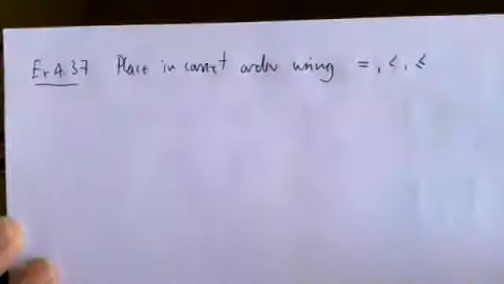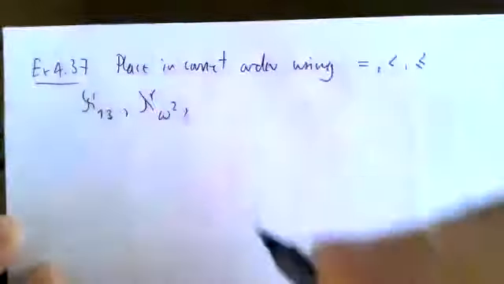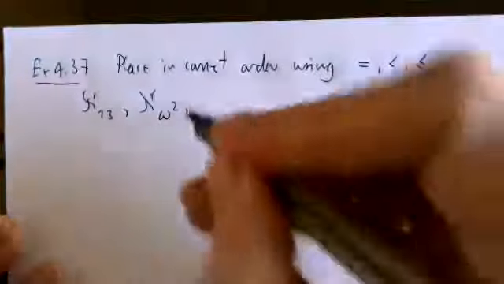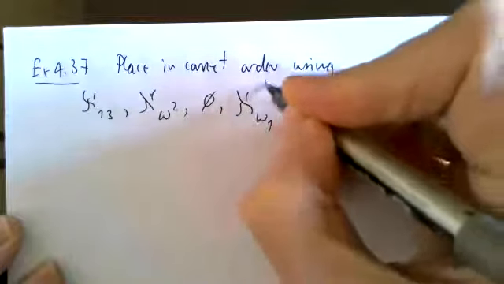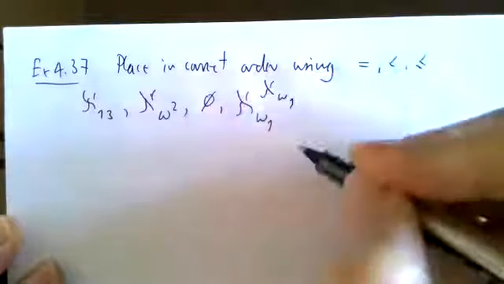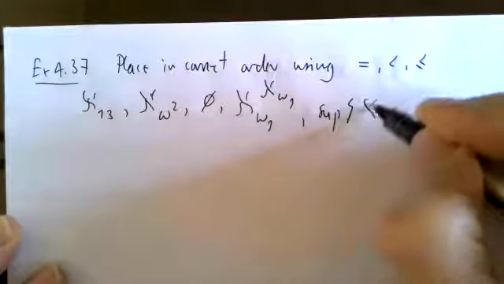And let's see, what have we got? Aleph 13, Aleph omega squared, 0, Aleph to the omega 1, to the omega 1. Here, the supremum of the Aleph n's.